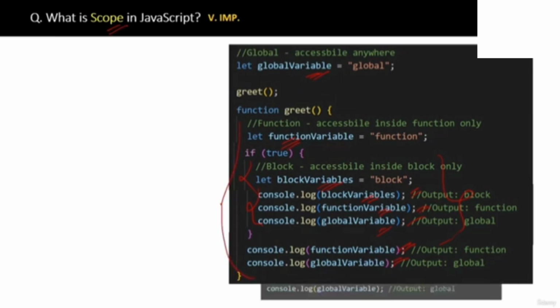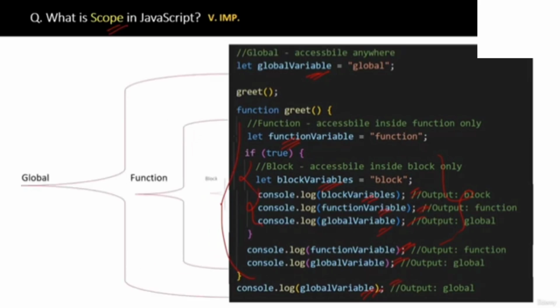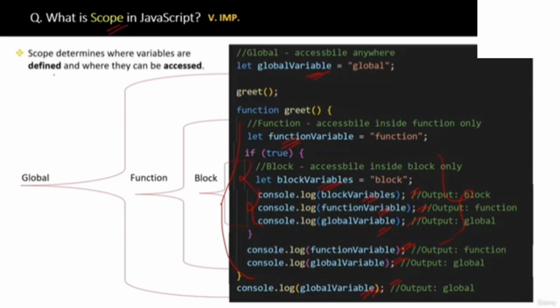Then only global variables can be accessed everywhere, and function variables are not accessible outside their functions, okay? That is how global, function and block variables are defined and accessed. Finally, what is scope? Scope determines where variables are defined and where they can be accessed, okay? Now you know the concept of scope.